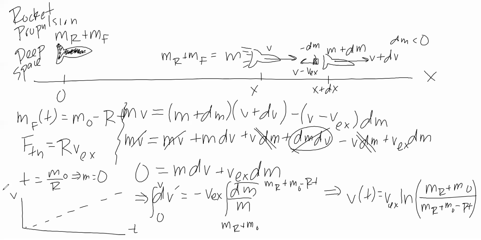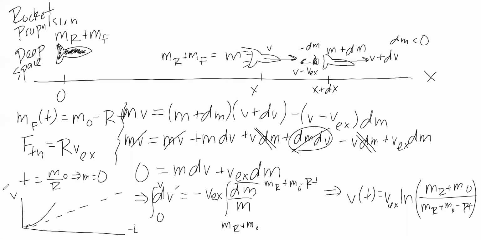If you take log of 1 over 1 minus x, you're going to get a shape like that, because it starts at 0 at x equals 0, and then at x equals 1, we get to a final value.